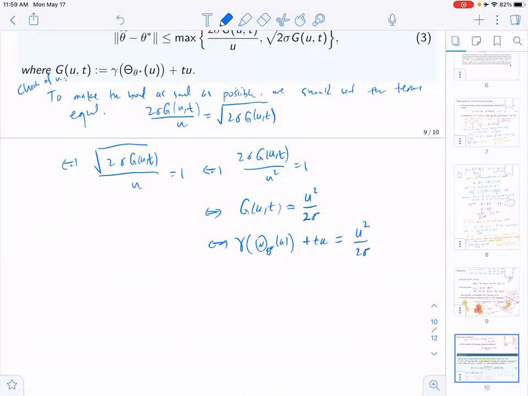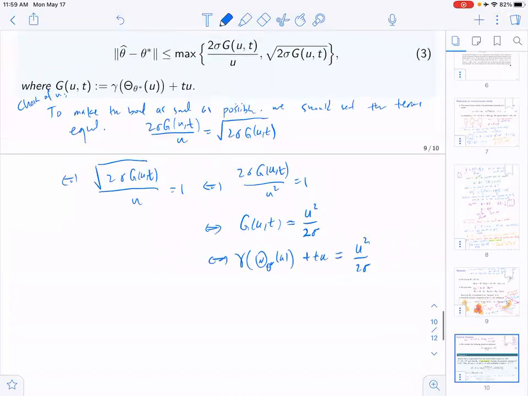What you want to do is, now I have both a t and u. So to get a balanced bound, it's natural to assume that every piece of these two terms is, up to a constant, equal to the other side.